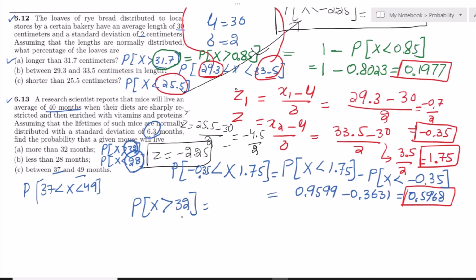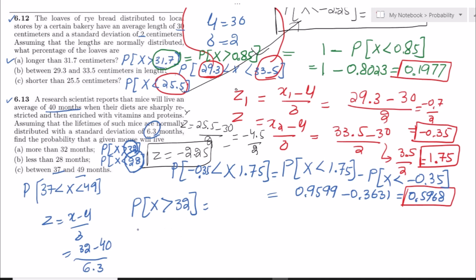Okay, so the value for Z here would be x minus mu divided by sigma. The value of x is 32, the value of mu is 40, divided by sigma, which is 6.3. You have to find it out and write it here.